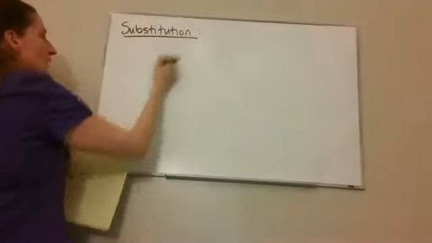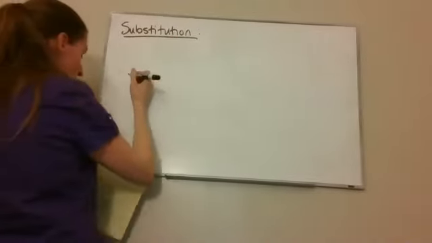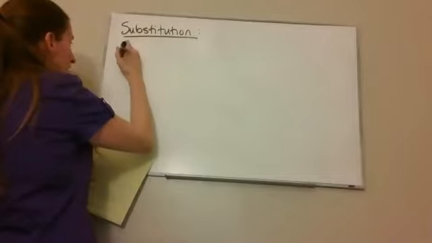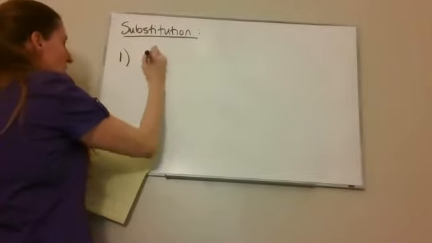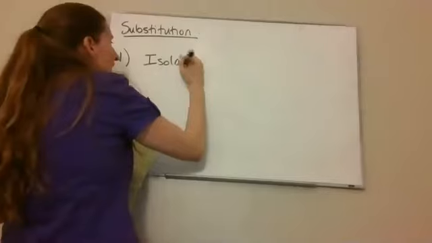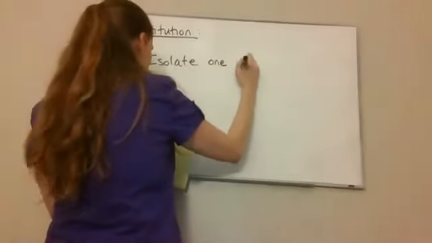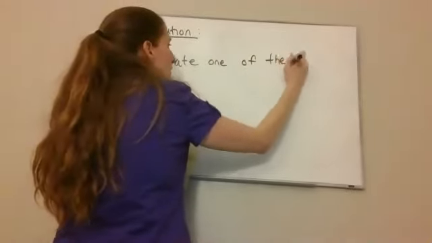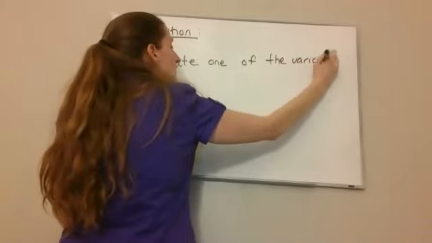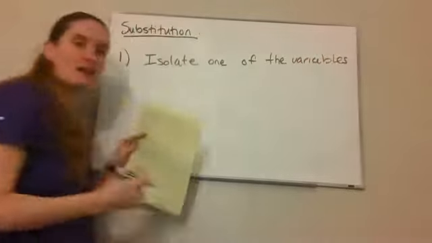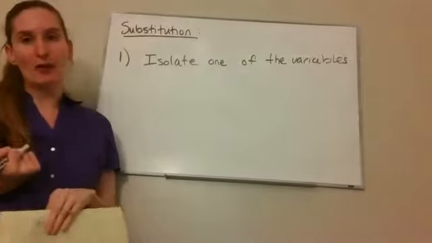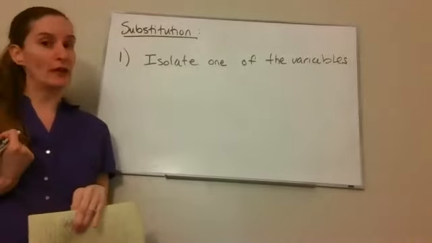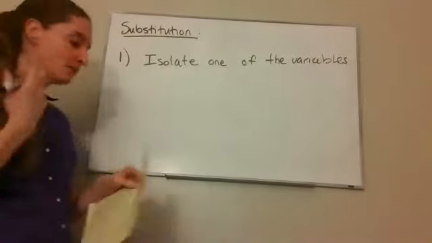So to solve a system of linear equations in two variables with substitution, the first thing you want to do is isolate one of the variables. So what I mean by that is you're going to choose one of your equations and solve it for a variable of your choice.